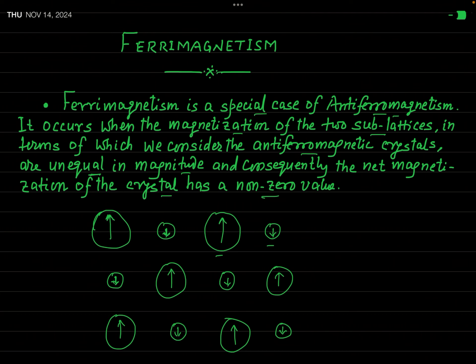So you can say that ferrimagnetic crystals are magnetic compounds consisting of two or more different kinds of atoms, and having a permanent dipole moment. The difference in magnitude can arise in several ways, but in this figure I have shown only one illustration; there may be several arrangements of spins so that the resultant magnetization will be non-zero.